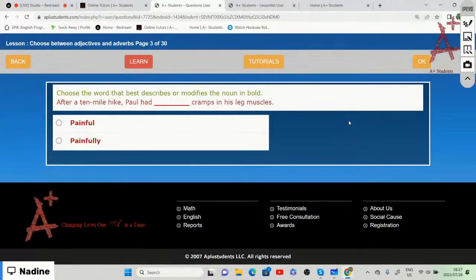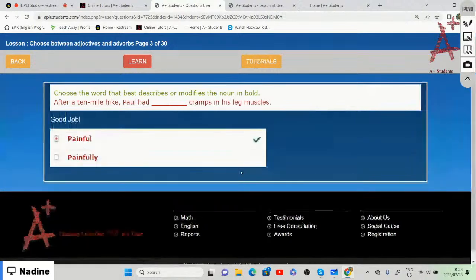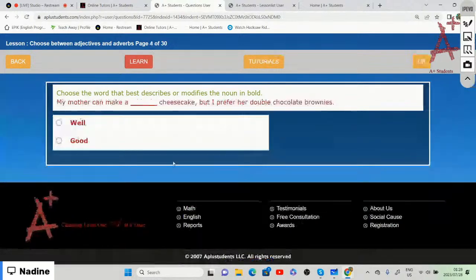After a 10-mile hike, Paul had painful cramps in his leg muscles or painfully cramps in his leg muscles. All right, so we will say painful cramps in his leg muscles. So painful is a word that describes or modifies the noun.